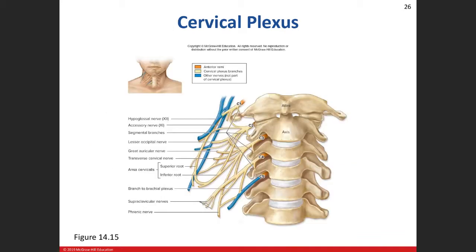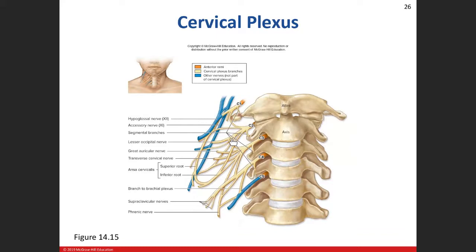So this picture here shows you we've got branches. Here's your C1 spinal nerve coming off, giving you the anterior rami. So C1, C2, C3, and C4 with some branches from C5. Point being, I won't go into all the different parts here, but you can see that the anterior rami give off tons of branches, and some of those branches we give names to.